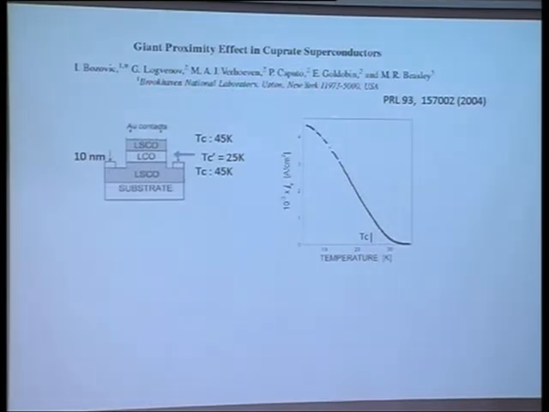This, for example, is work done at Brookhaven Lab, where they had 2 LSCO superconductors with 45 Kelvin transitions as leads, and in between a weaker doped, oxygen doped LCO, which had a TC of only 25 degrees. And here you see they saw this big tail in the Josephson coupling between the two 45-degree superconducting leads.